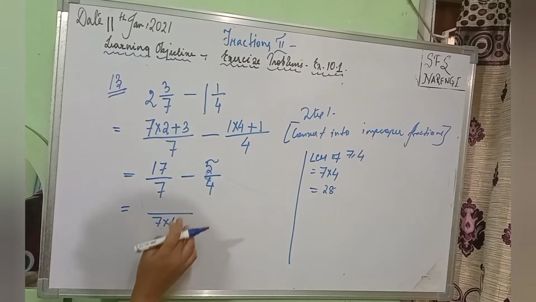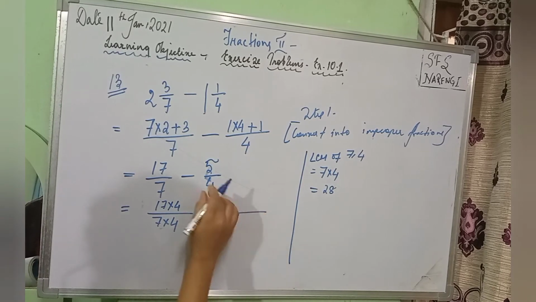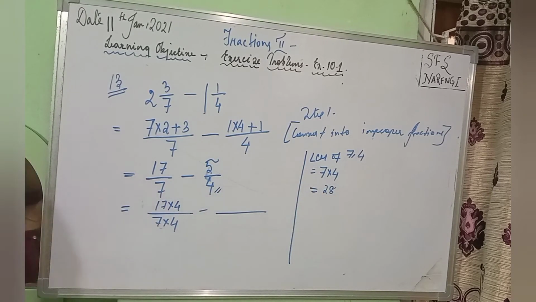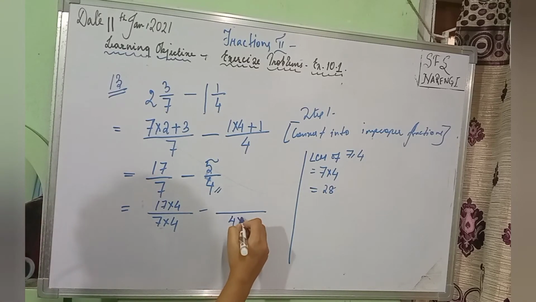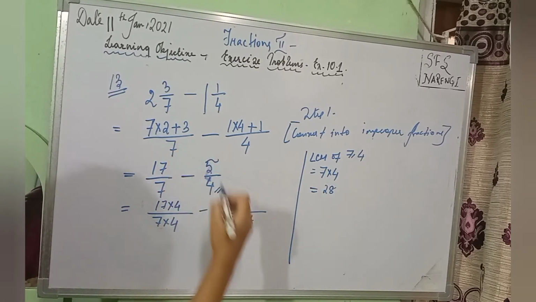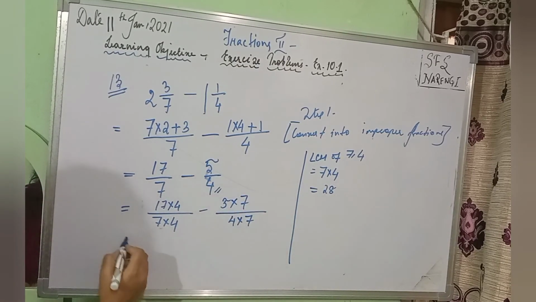Since I am multiplying the denominator with 4, I will also have to multiply the numerator with 4. On the other hand, I have to make this denominator into 28. What will I do? I will multiply 4 with 7. Since I am multiplying the denominator with 7, I will also multiply the numerator with 7.